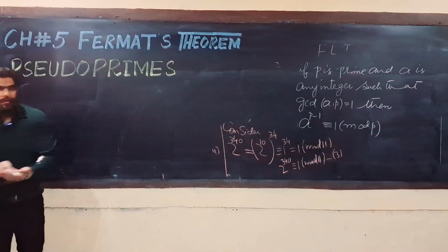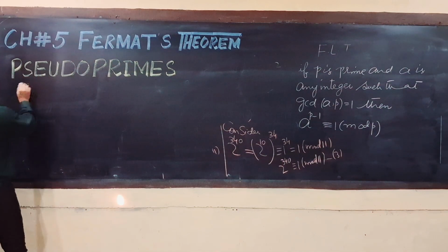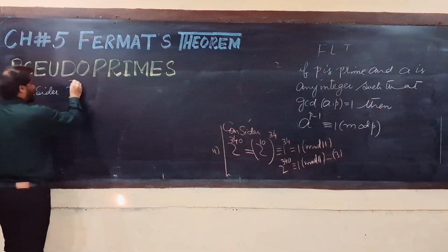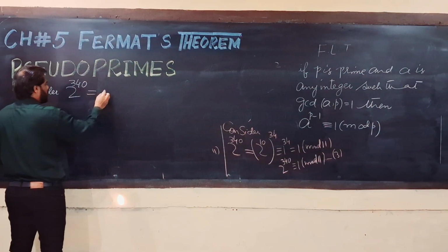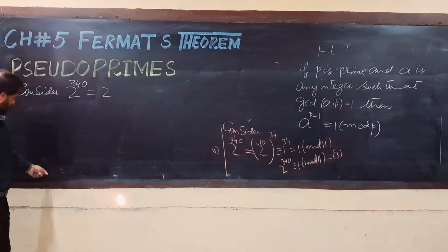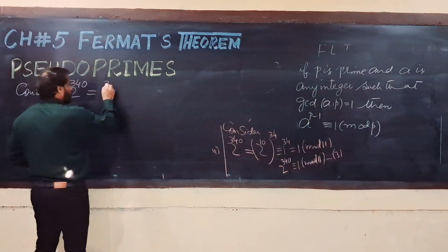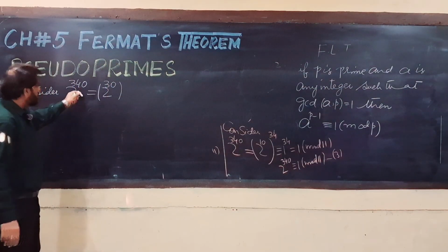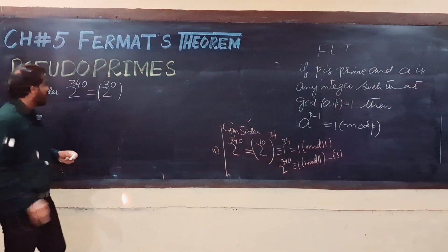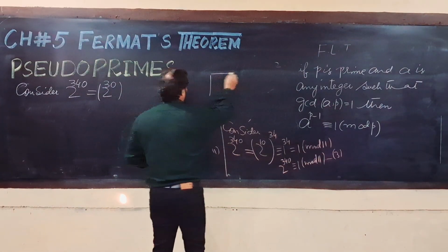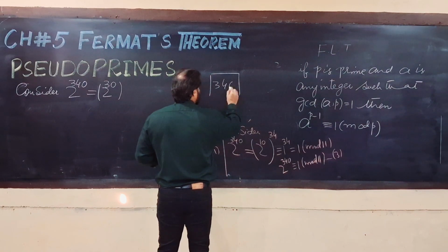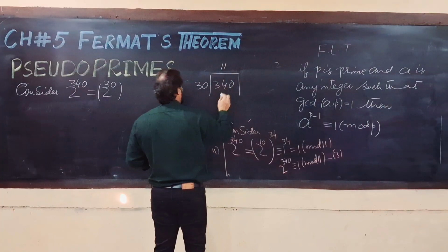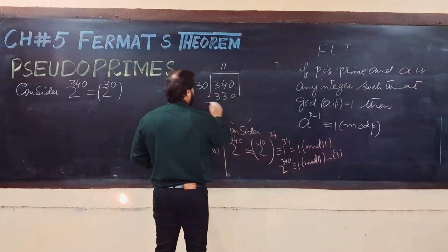Next consider the first congruence. 2 raised to power 340 is to be written using 2 raised to power 30. 340 is not completely divisible by 30, so firstly we divide 340 by 30. 30 times 11 is 330 and the remainder is 10.